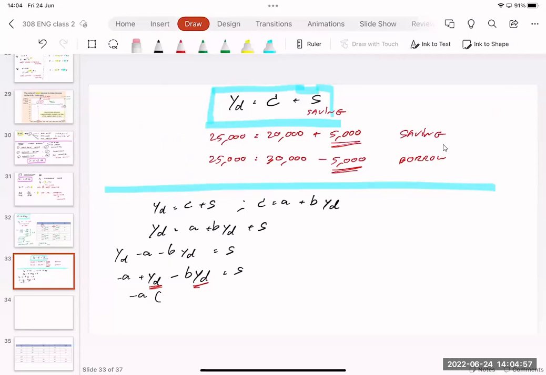I get minus A plus (1 minus B) YD equals S.